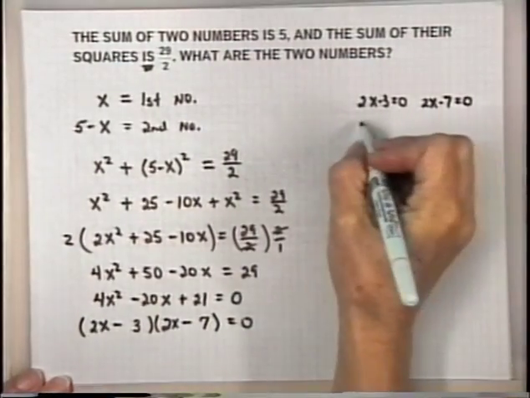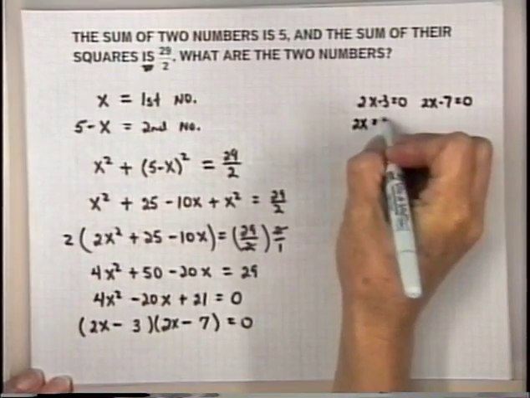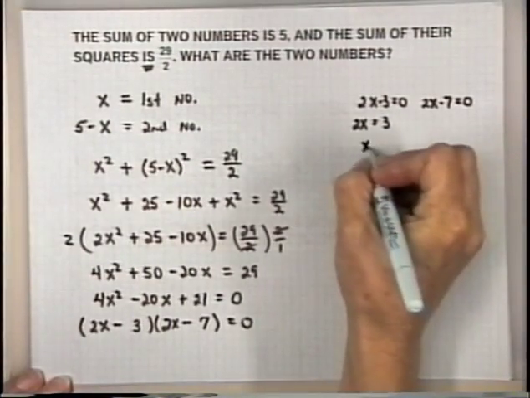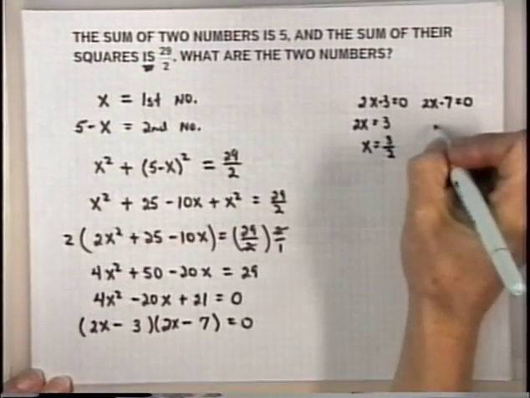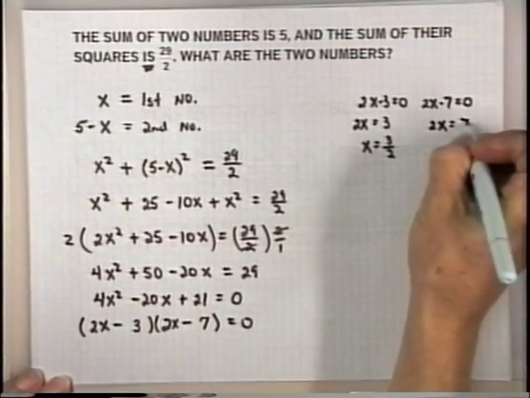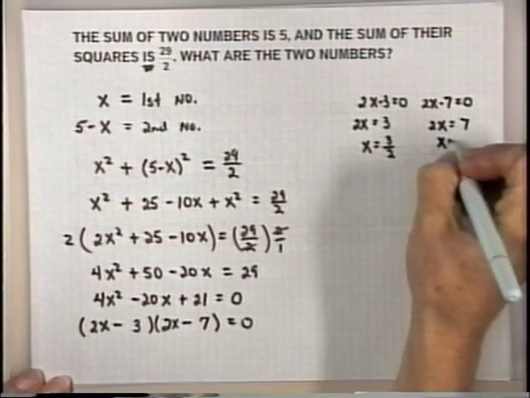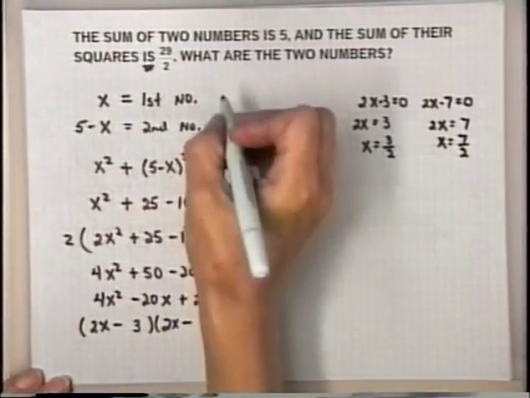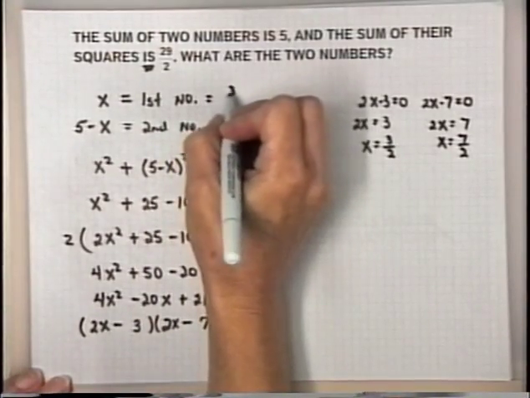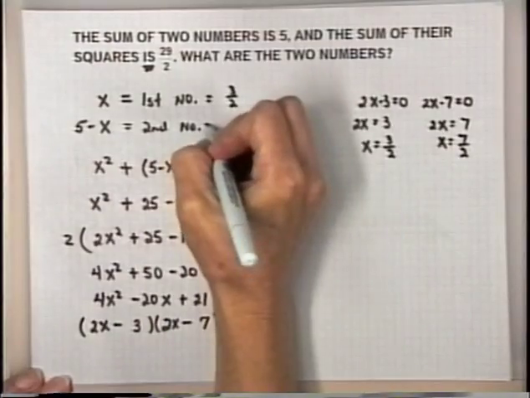Solving for x, in this first equation, 2x equals 3. Dividing by 2, x equals 3 halves. In our second equation, 2x equals 7. Dividing by 2, x equals 7 halves. Again, we have two choices for x. So let's try our first choice of 3 halves for x.